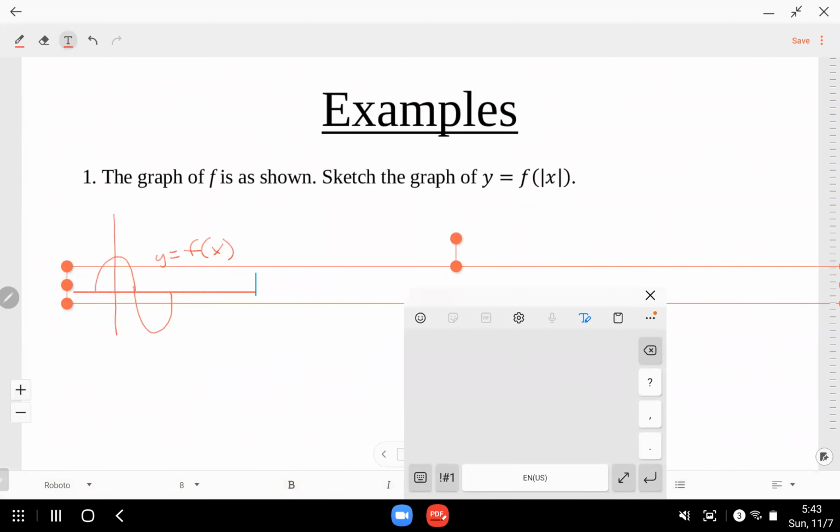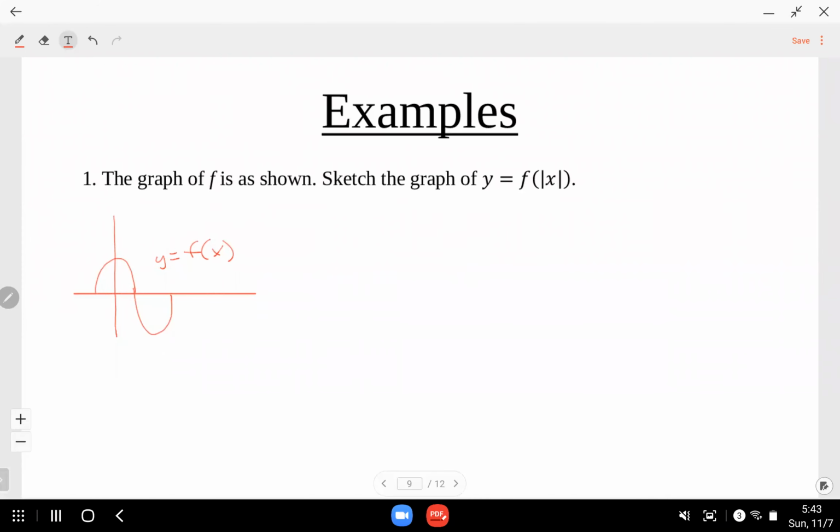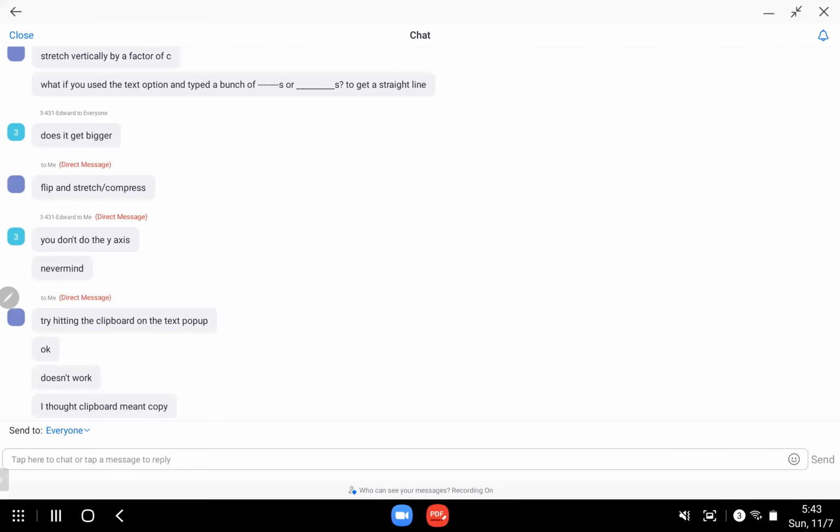What's wrong with this thing? How do I make another text box? Oh, clipboard. What's this? No, that's not gonna work. Okay. Any answers now? Yeah, I don't know what clipboard is. I thought it meant copy too, so this is weird. Are there any answers yet?